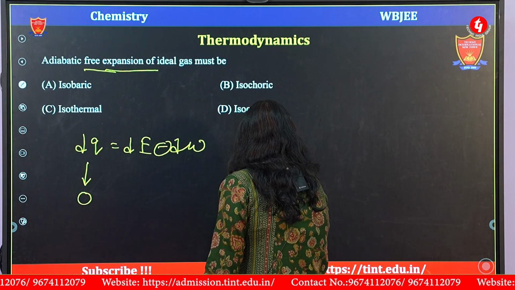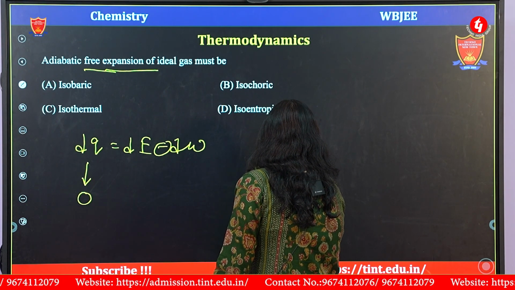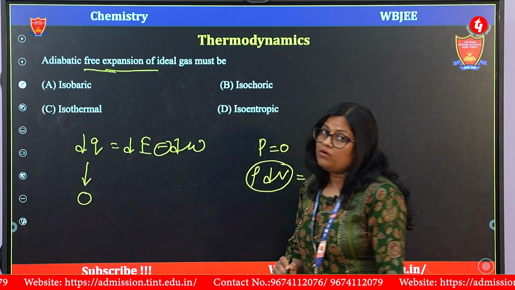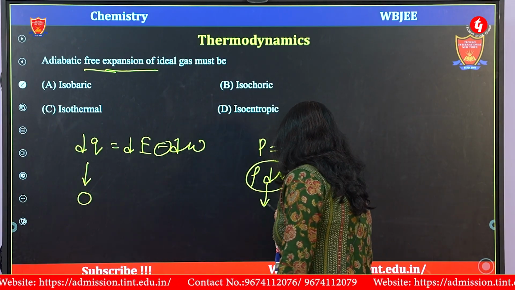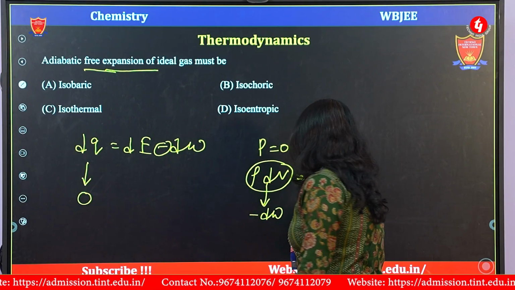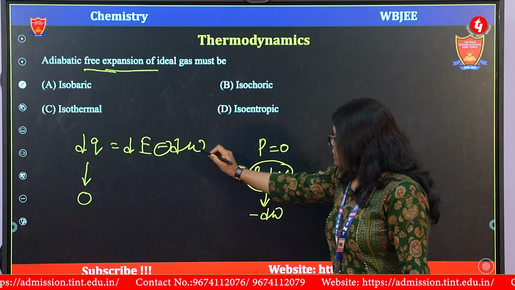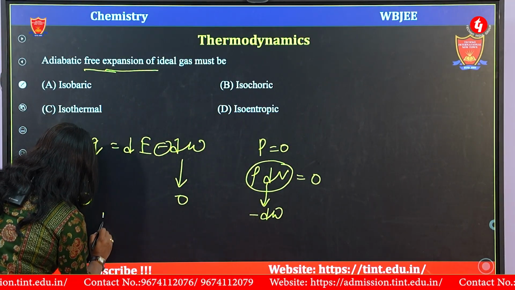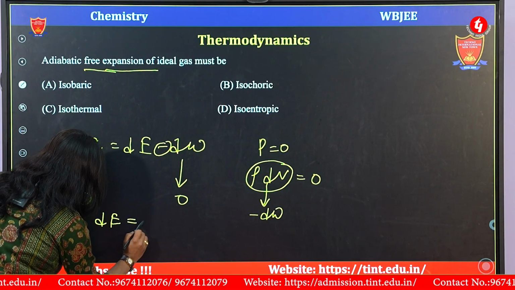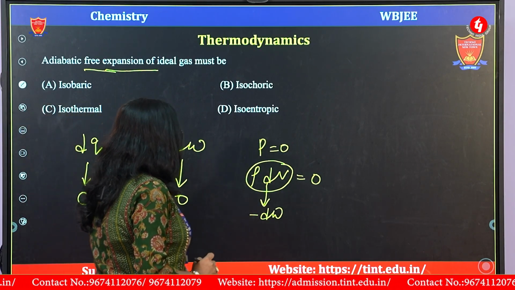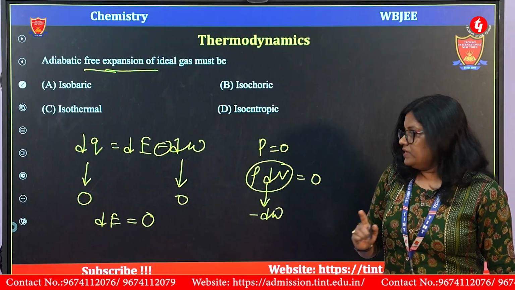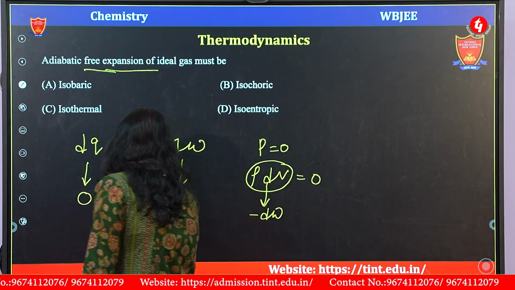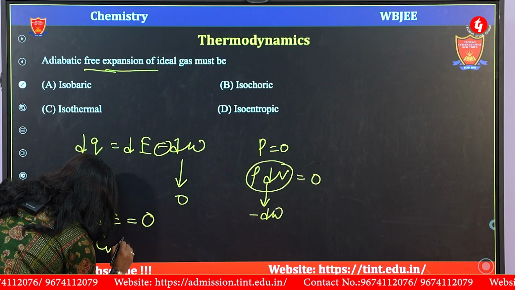When P is 0, P dV is equal to 0, and this P dV is the amount of work done, minus dW. So, work done is also equal to 0. Therefore, dE is equal to 0. Remember one thing, dE for ideal gases is equal to CV dT.